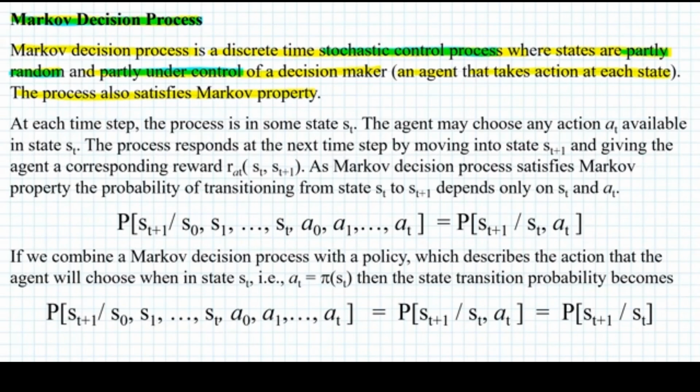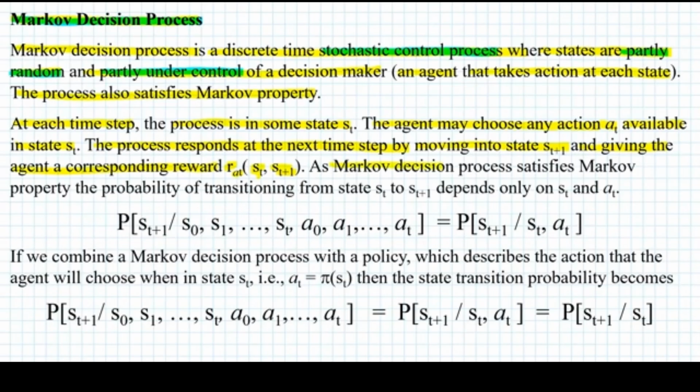So in Markov decision process, at each time step, the process is in some state st, and the agent may choose any action at available in that state st, and then the process responds at the next time step by moving into a new state st+1 and giving the agent a corresponding reward r corresponding to action at and the transition from state st to st+1.